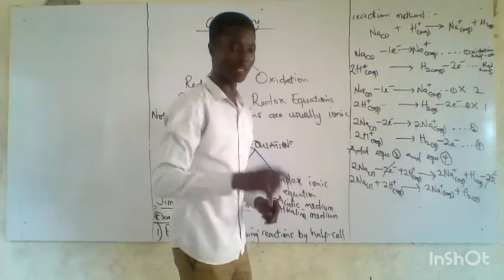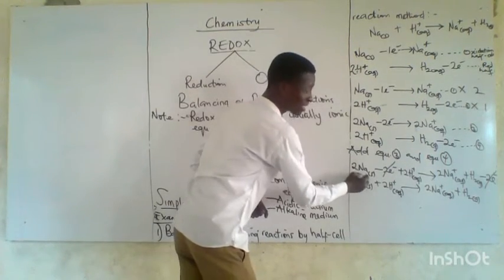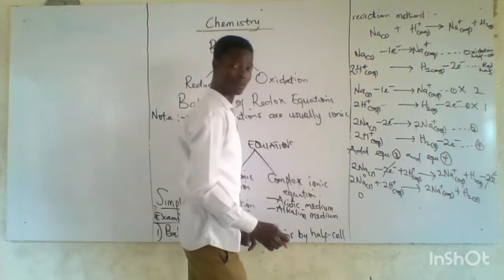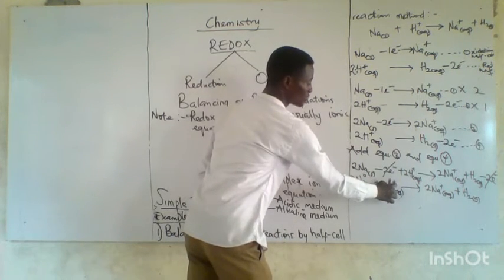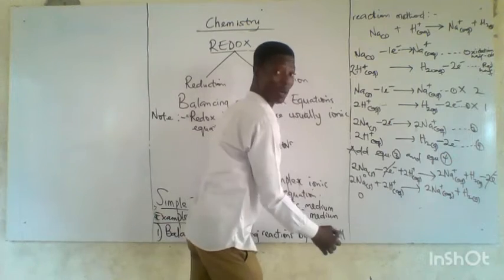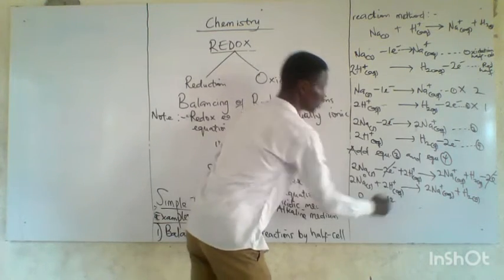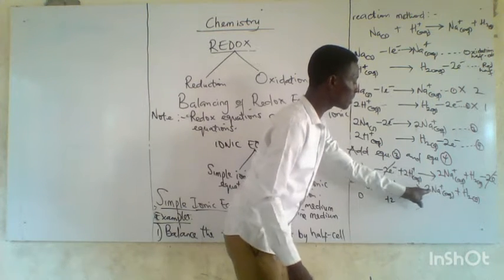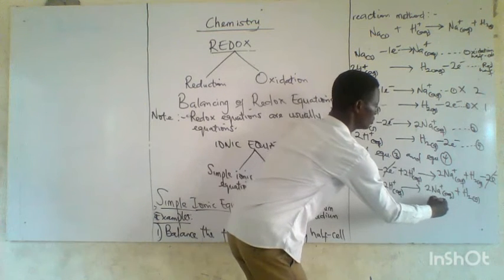Now, ionically, I have the charge of this is 0. So 0 times 2 will give me 0. The charge of this is plus. Plus times 2 is what? Plus 2. This is plus 1 times 2 will give us plus 2.